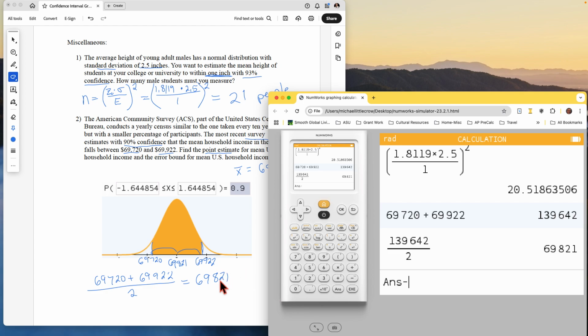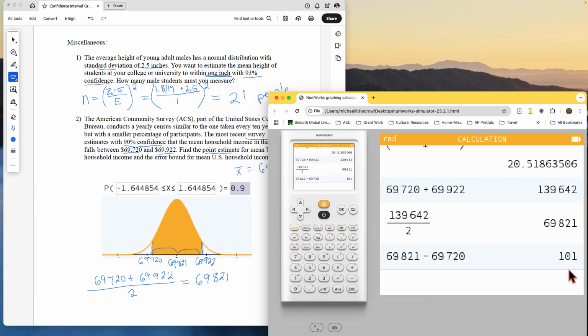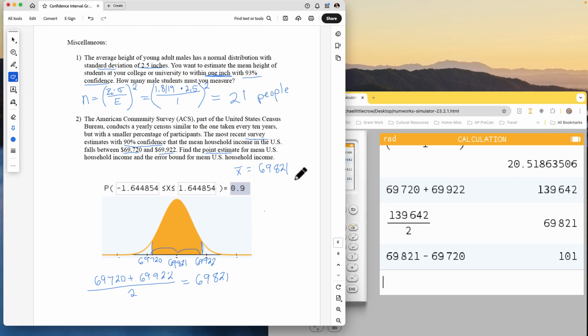You could subtract the bigger number, but then it would be negative, and you just use the other one. 69,720. Use either one, and you'll see that it's got a bound of 101. So if you add 101 to this, you go up. Subtract 101, you go down 101. So plus or minus 101. That's pretty much basically all you've got to do there.